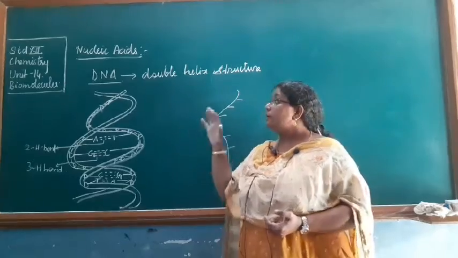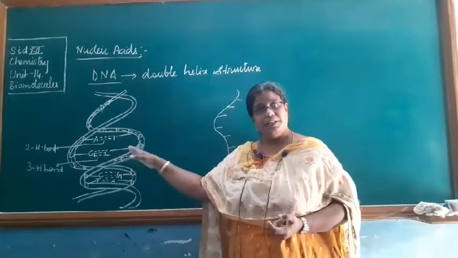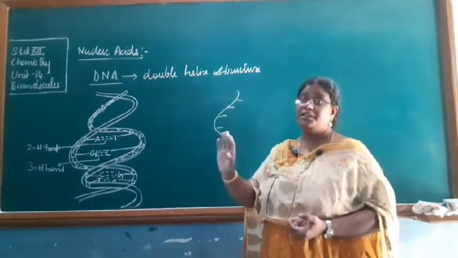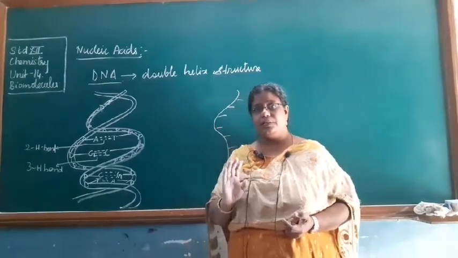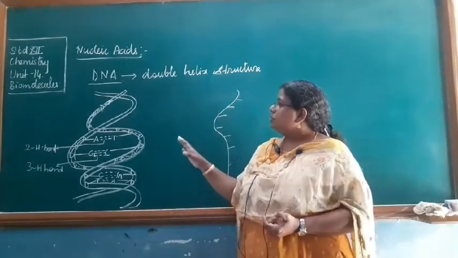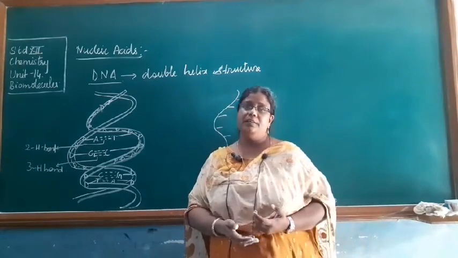The bases present in DNA are adenine, thymine, guanine and cytosine, while the bases present in RNA are adenine, guanine, cytosine and uracil. So you have got so many differences. Okay, so these are the differences between DNA and RNA.